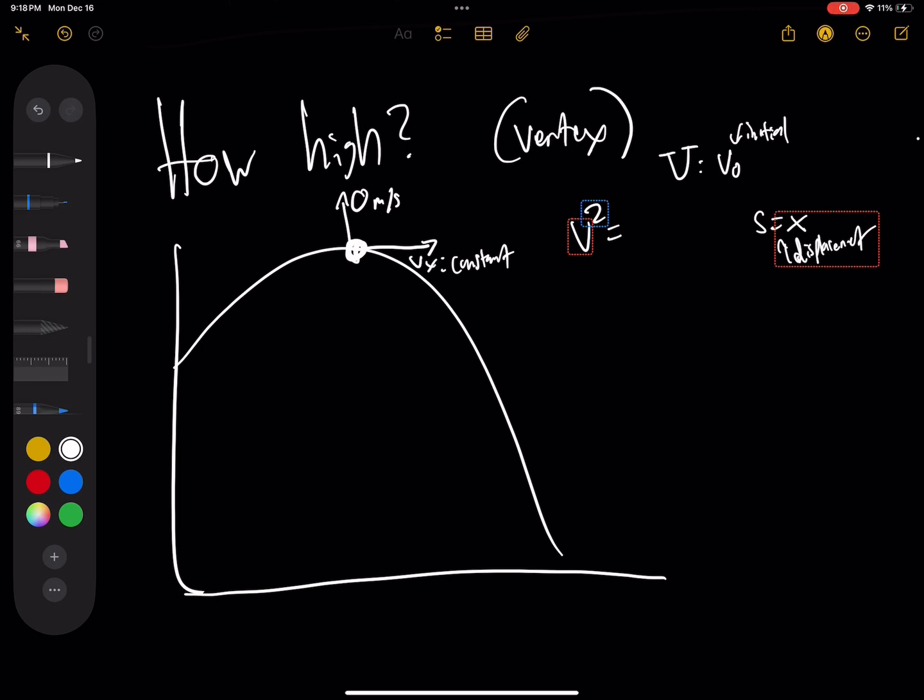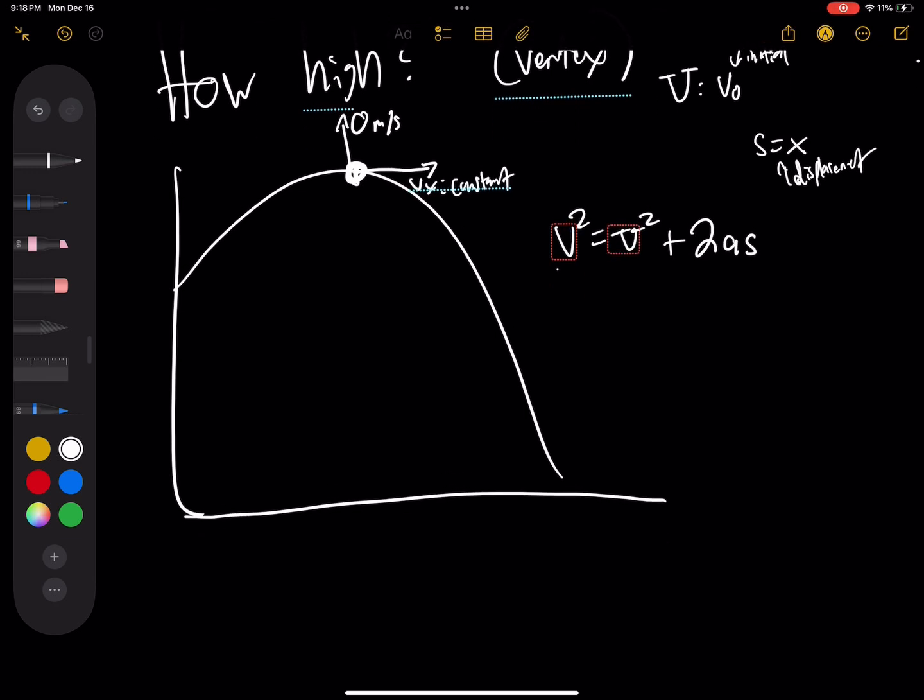So we're using the equation that I'm going to move down. Definitely not flexing. So we have v squared is equal to u squared plus 2as, where we're going to define u as the initial velocity.